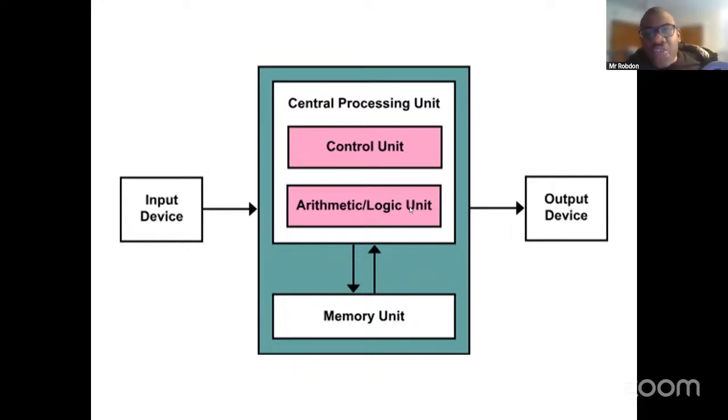Now, there's also what is called the arithmetic logic unit, something you're pretty familiar with already. This is responsible for all your arithmetic and logic operations. And we could take it a step further. Whenever you write a program or whenever the computer needs to make a logical operation, such as a decision based on a condition, you will need your arithmetic logic unit in order to execute that.